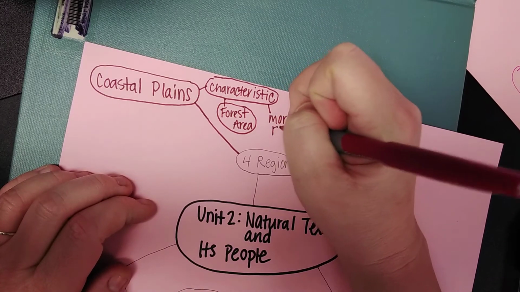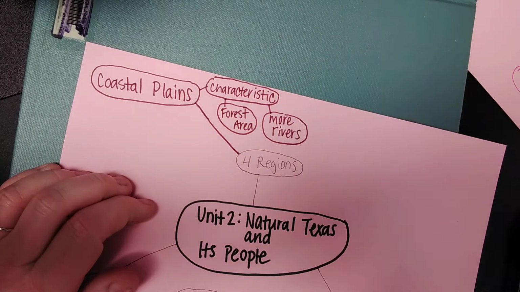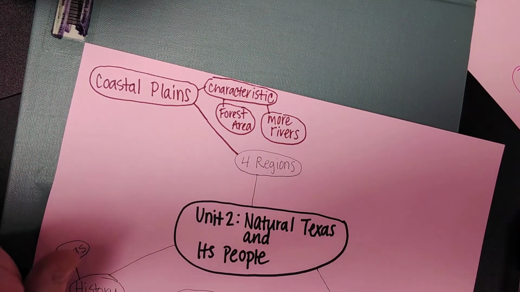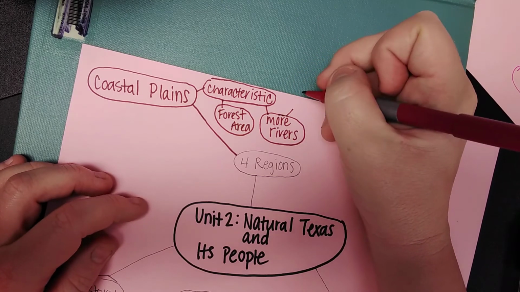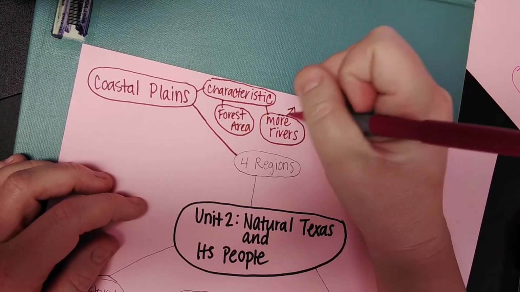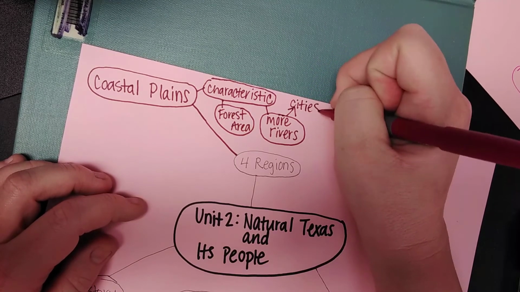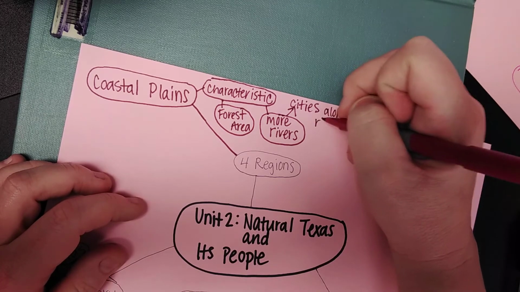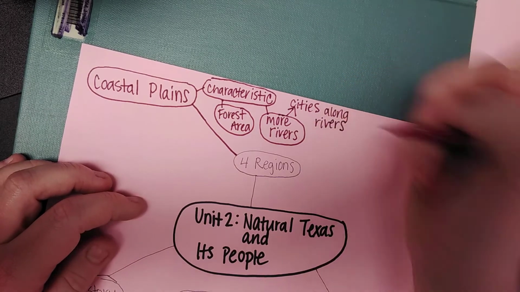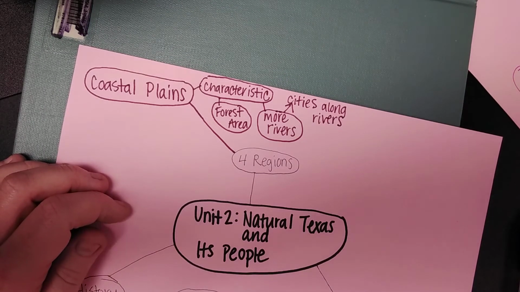There's more rivers in that region than any other region. And because of the rivers in the coastal plains, this means there are going to be more cities along rivers. So most of our major Texas cities are near rivers in the coastal plains.